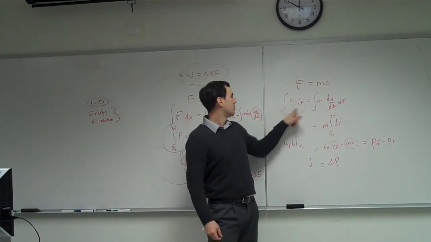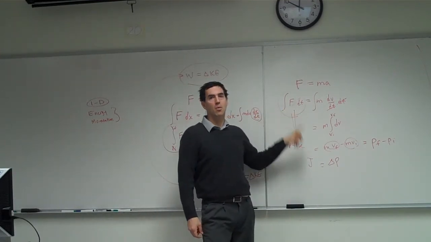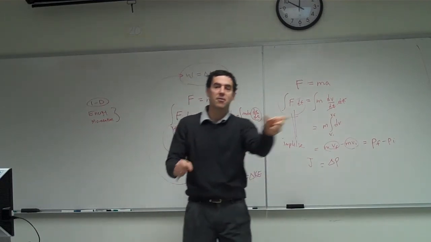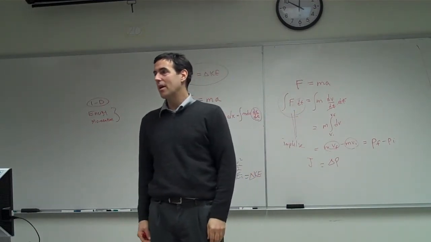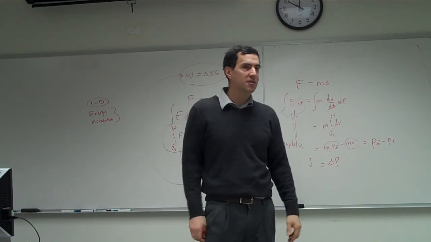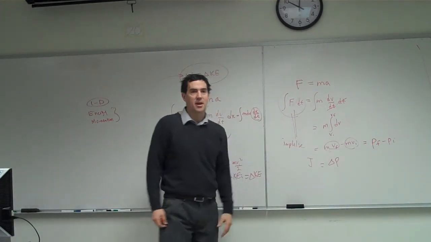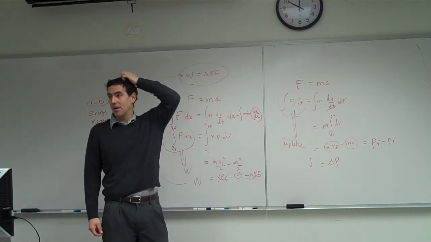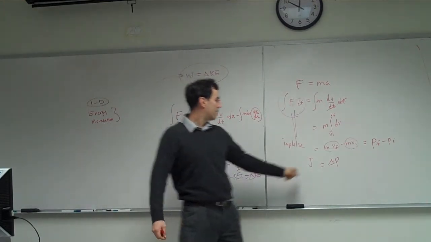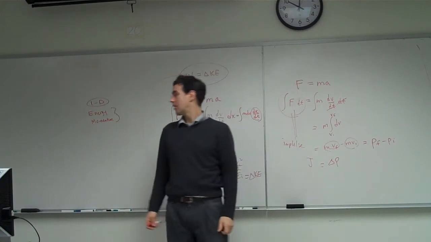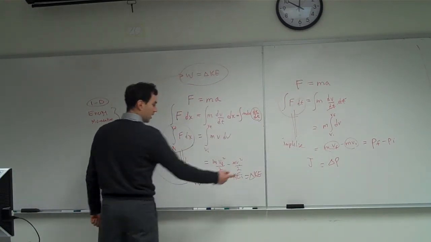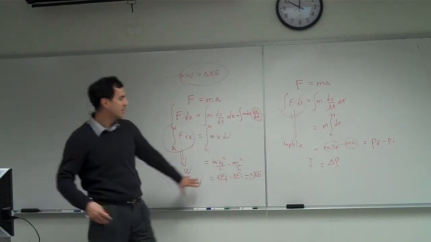Well, what about the integral? Does maybe the integral change all that? Well, all an integral says is add together an infinite number of them. So add together an infinite number of vectors, and you get a vector. So the integral isn't going to, by itself, change something from a vector to a non-vector. So here we have a vector equals a vector. How about over here? Well, we'll come back to here in just a moment.